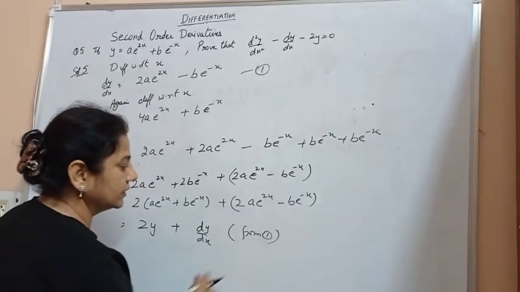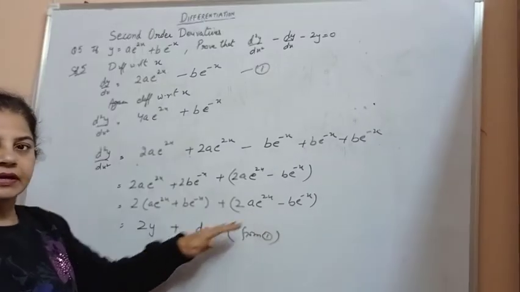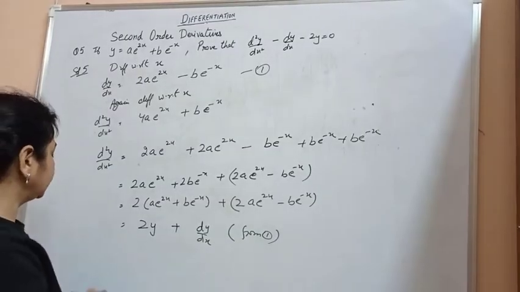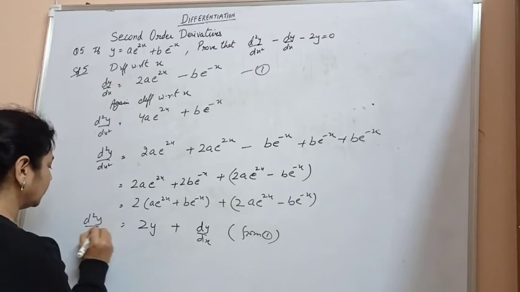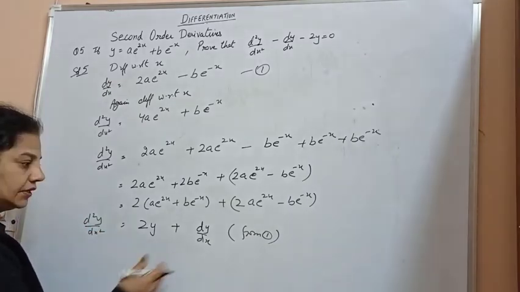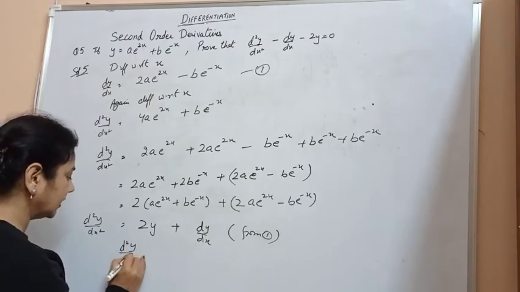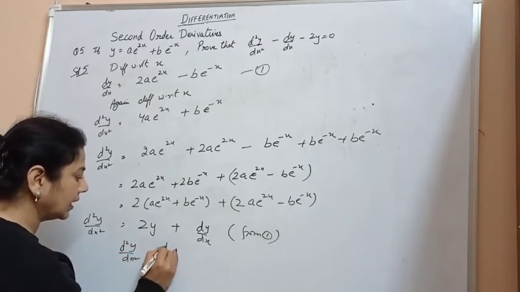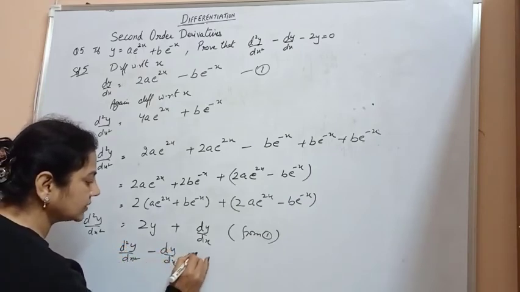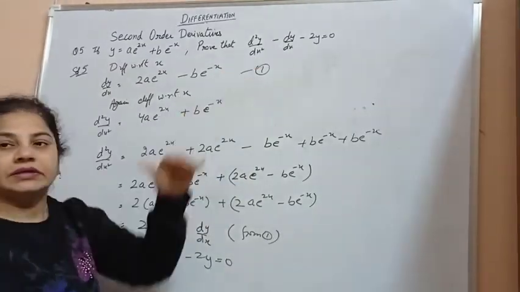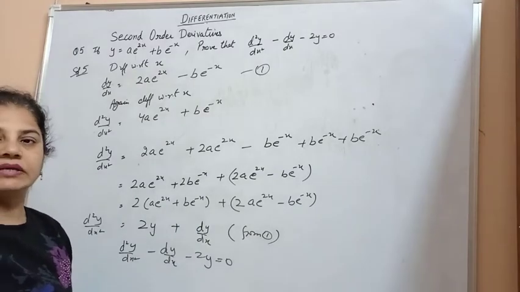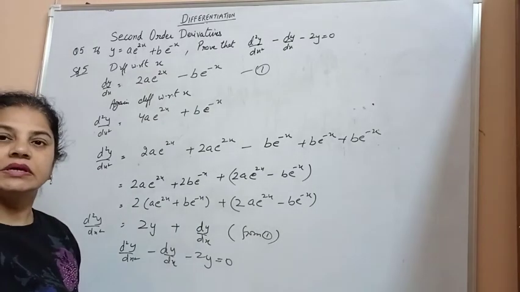From 1 I get the value of this bracket as dy by dx, and this is already given to us d square y by dx square. Take all these terms to the left hand side. What should I get? d square y by dx square minus dy by dx minus 2y equal to 0. This is what I have to prove, that d square y by dx square minus dy by dx minus 2y equals 0.